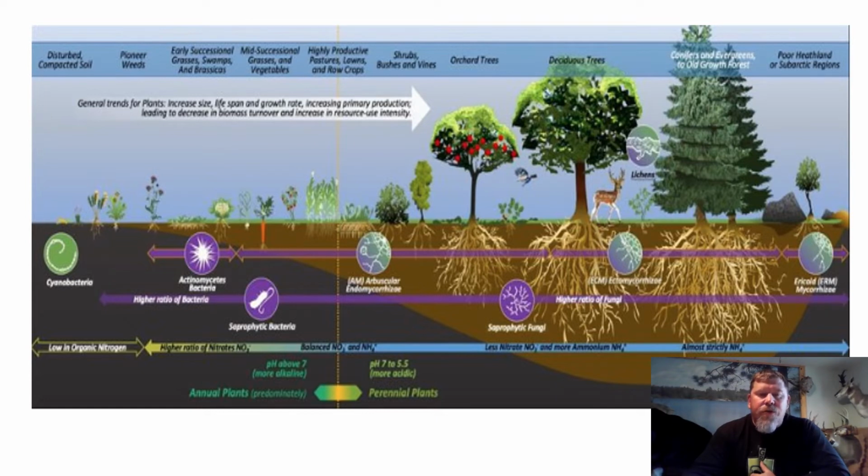As you start to balance that ratio of the biomass of bacteria to fungus, now you're going to have nitrate and ammonium in the soil, and ammonium is easily taken up and usable for plants. And then as you move on to the far right, and we're getting into our old growth forest, that's heavily dominated with ammonium versus nitrate.